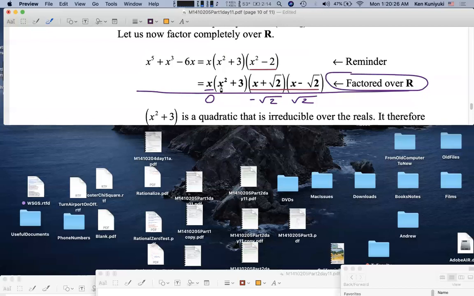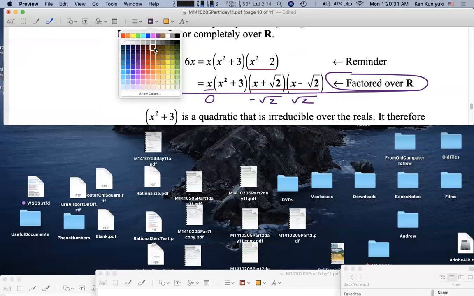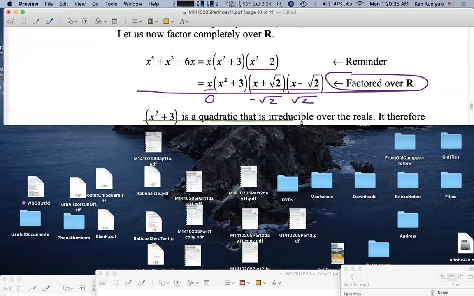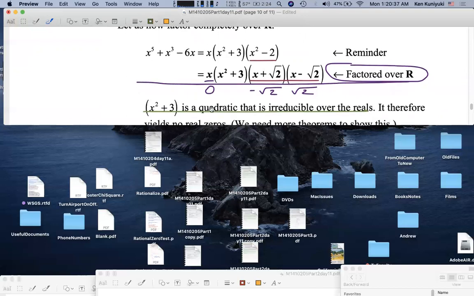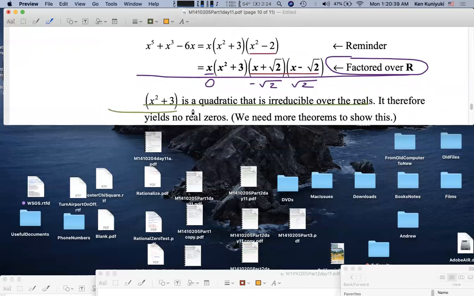Notice this quadratic, x squared plus 3, is prime or irreducible over the reals.